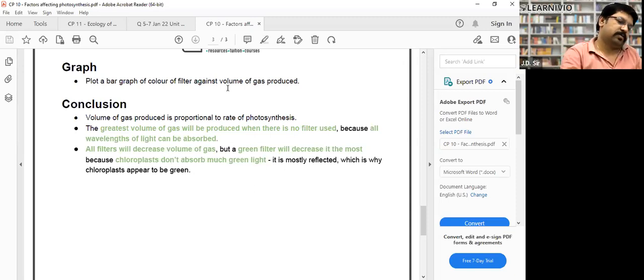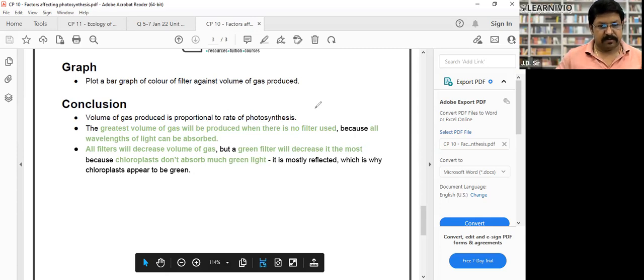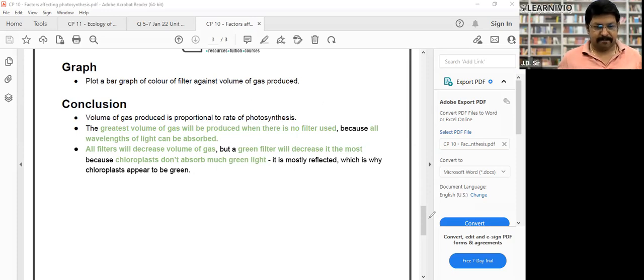But sir, it says color of filter against volume of gas. Look, volume of gas produced, right?